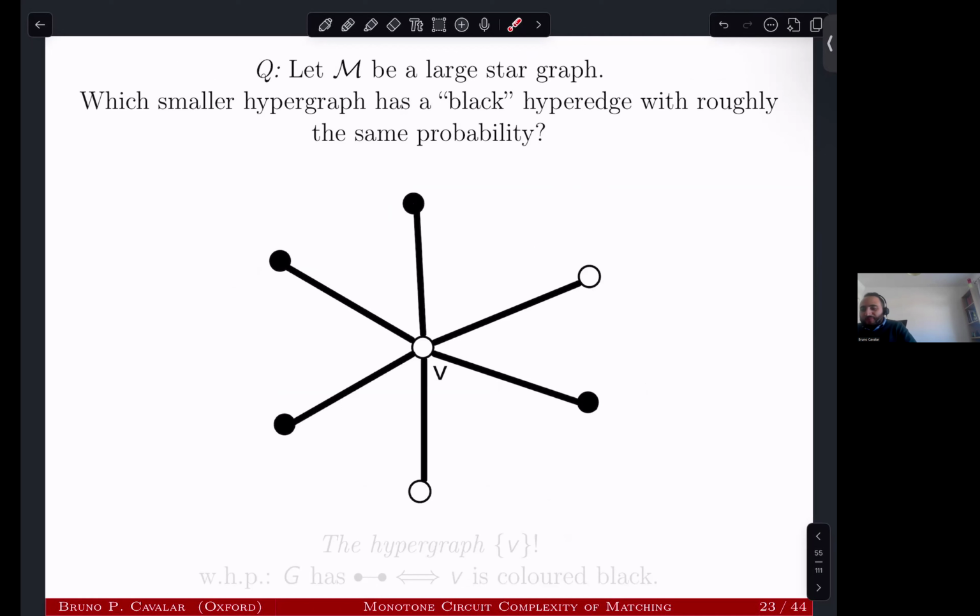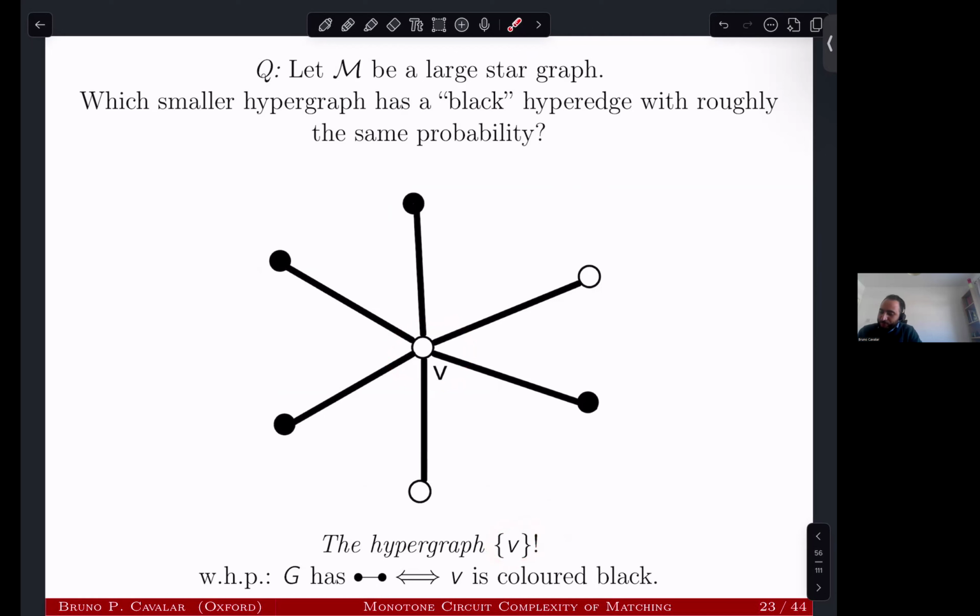Which smaller hypergraph has a black hyperedge with roughly the same probability? Yeah, it's the hypergraph which has just this vertex V as a singleton edge. Why is it?